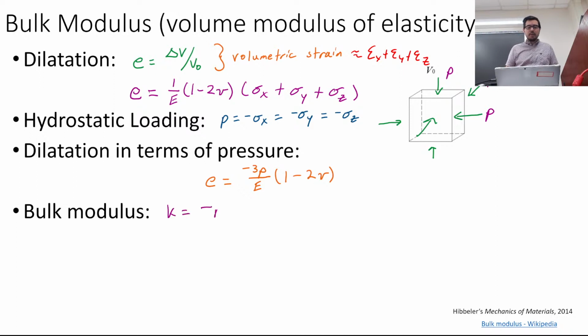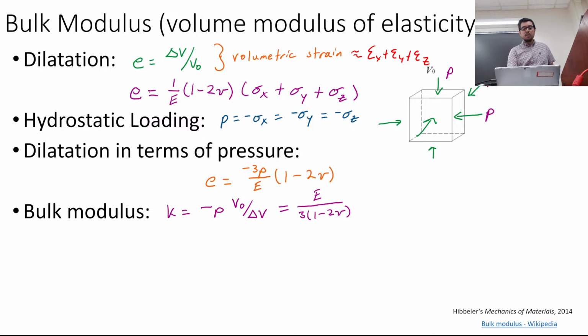So now what we can do is introduce something called the bulk modulus. The bulk modulus is something that you'll see reported as a material property, and it gives us an idea of how a chunk of material is going to respond to a pressurized environment, to hydrostatic pressure.